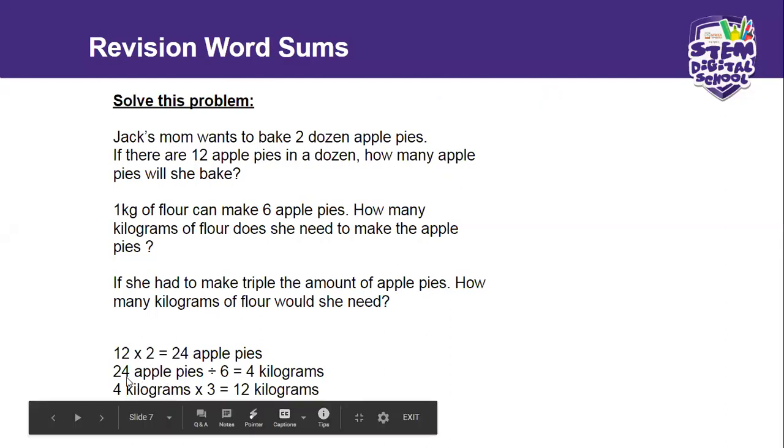Then if we divide our 24, 6 into 24, then we get 4 kilograms. Do you all understand it?